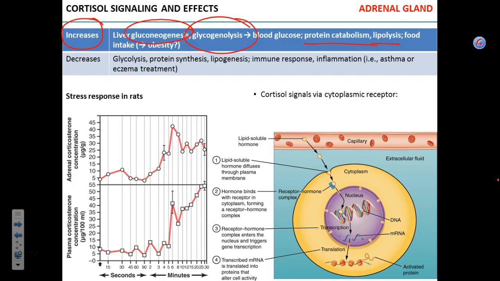Okay? However, interesting thing, if people are exposed to the stressor for an extended period of time, they develop eventually obesity. We don't know the exact mechanism, but one of the proposed mechanisms is a compensatory effect. You just feel good when you eat.